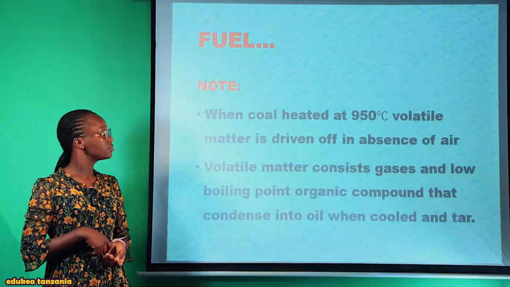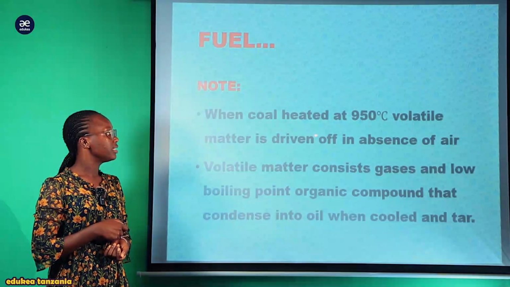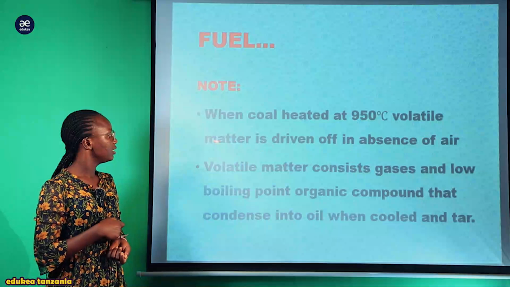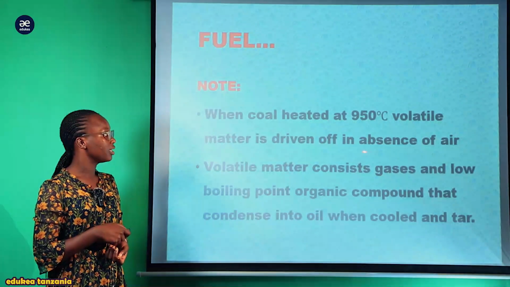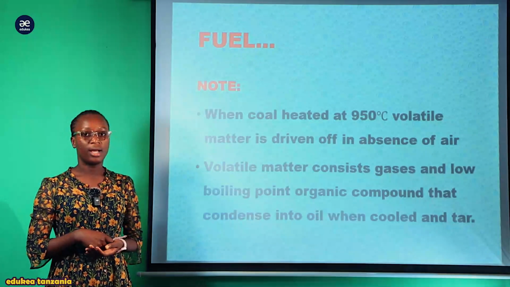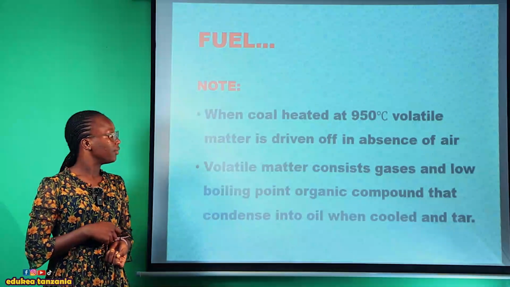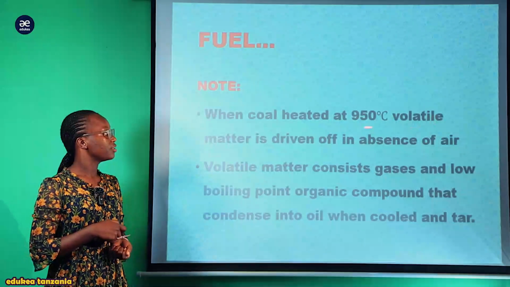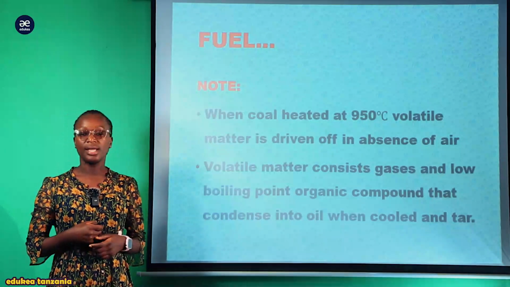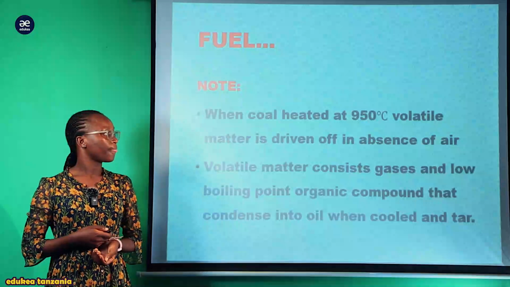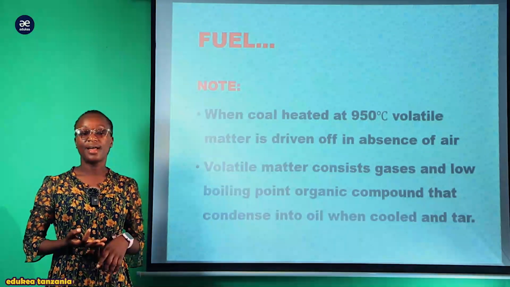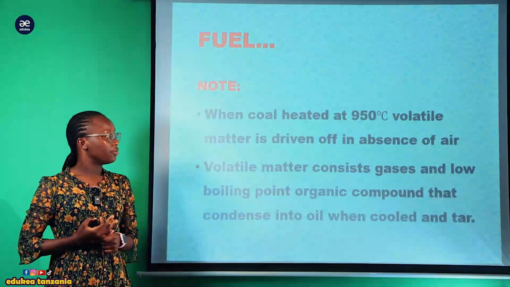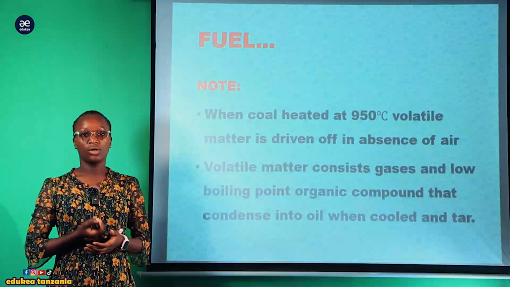Something to note here is that when coal is heated at 950 degrees Celsius, the volatile matter is driven off in the absence of air. Kwamba hii coal ikiwa heated, ikiwa exposed katika heat source, katika nyuzi joto ya 950, those volatile matters zinatolewa, lakini katika absence of air, bila kuinvolve oxygen gas.